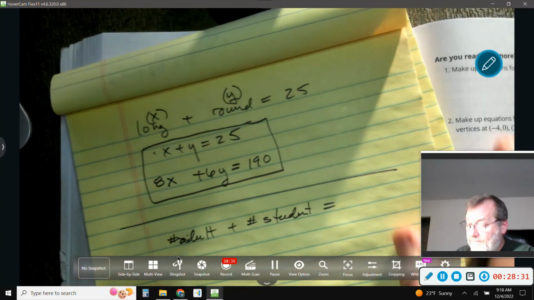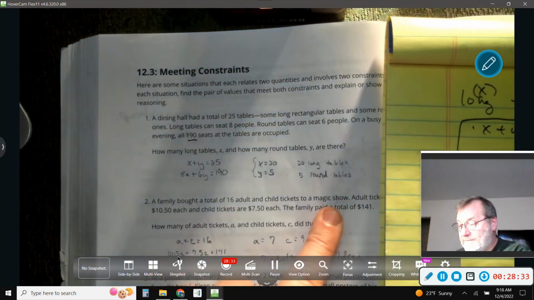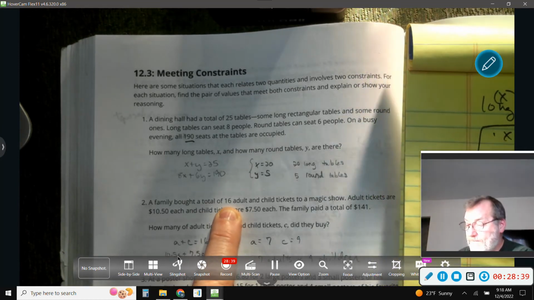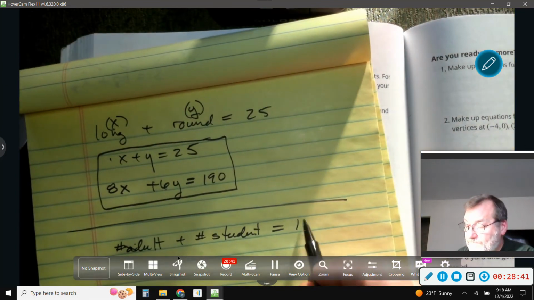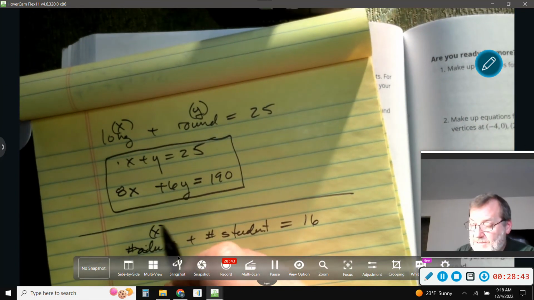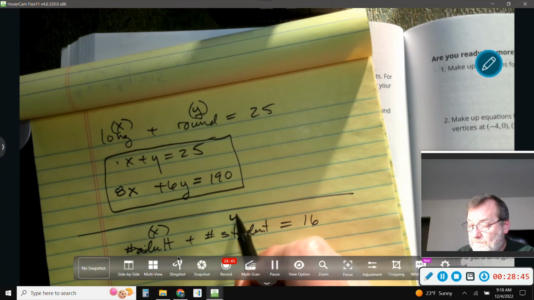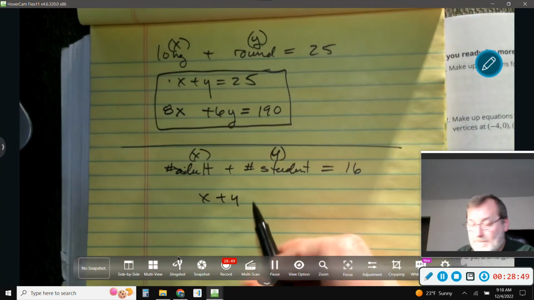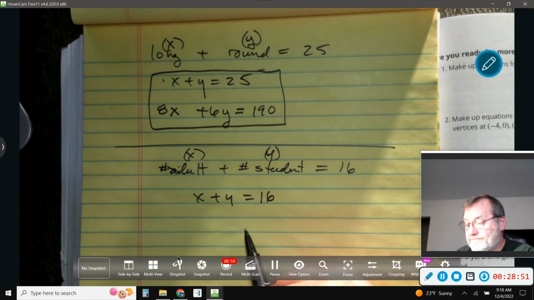And we know that the total is 16 adult and child tickets. I'll call this one X. I'll call this one Y. So X plus Y equals 16.